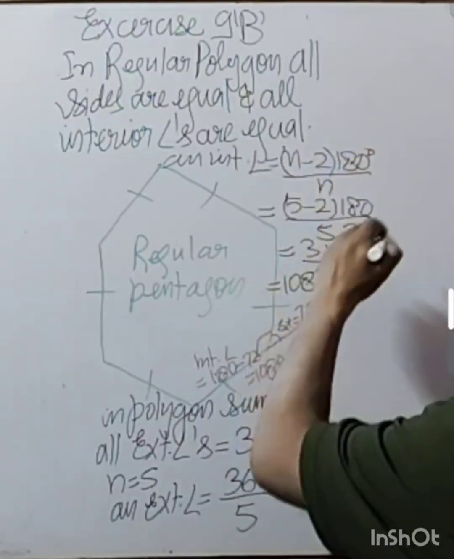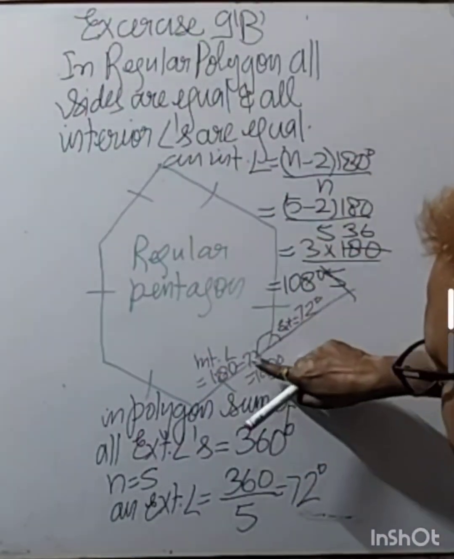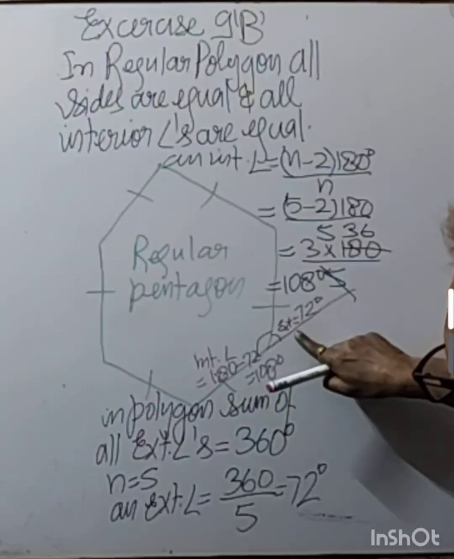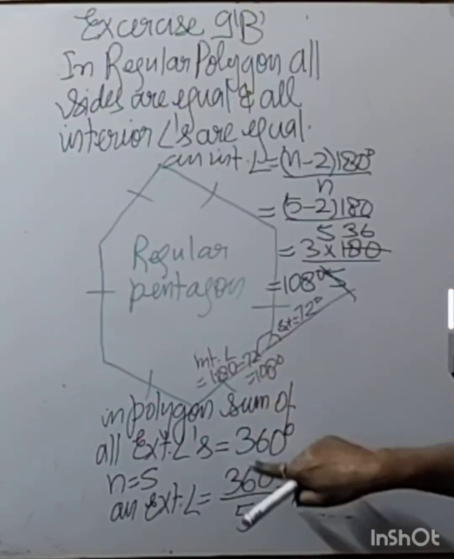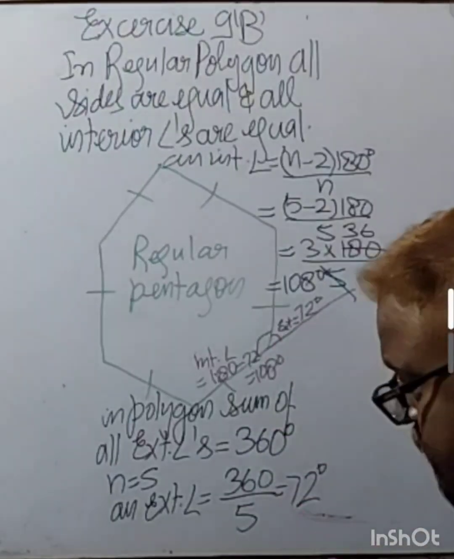If you get it by formula, you can get it like this. If you use exterior angle plus interior angle is 180 degrees, then you can find it like this, right?